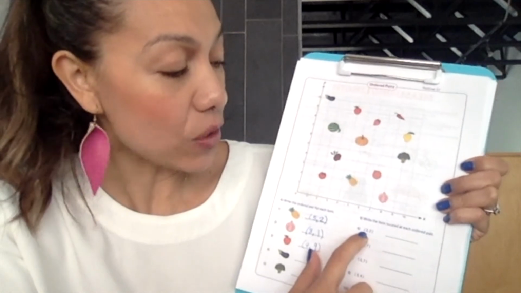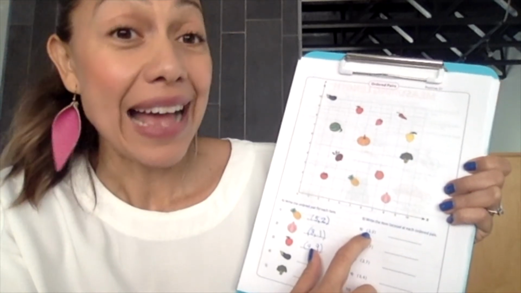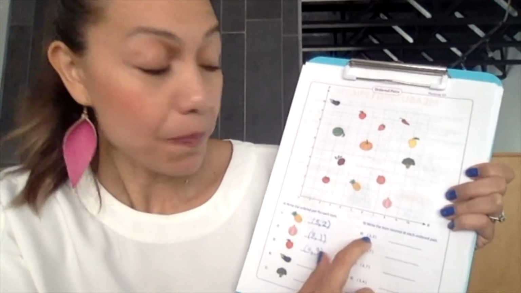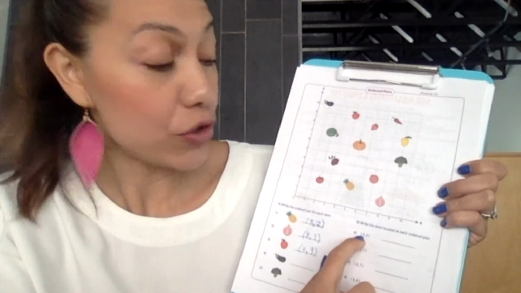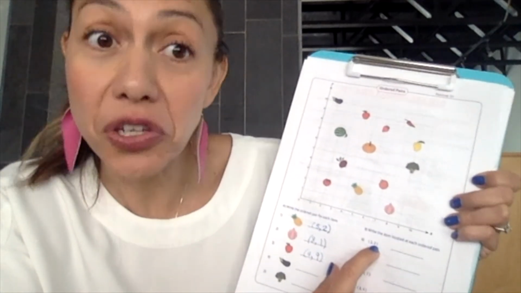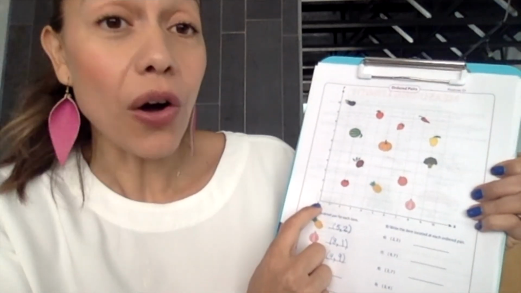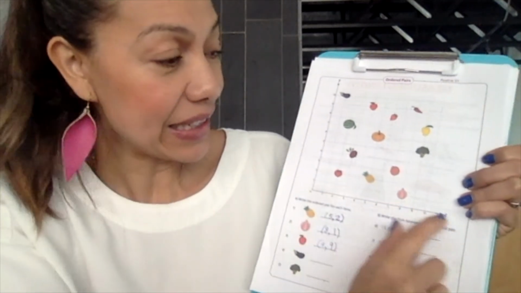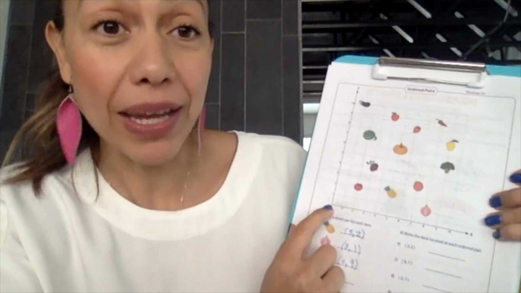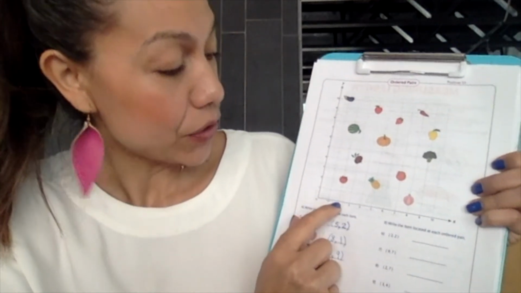It means that it's going to be on X position 2, and then we're going to go up to Y position 2. Okay, let's see what we can find. So let's go over on our X position. How many? 2. So 1, 2.